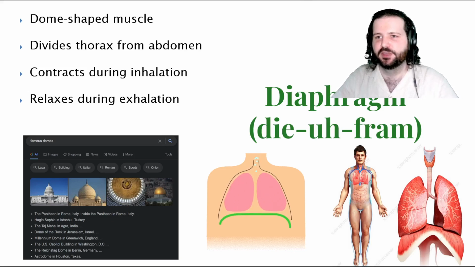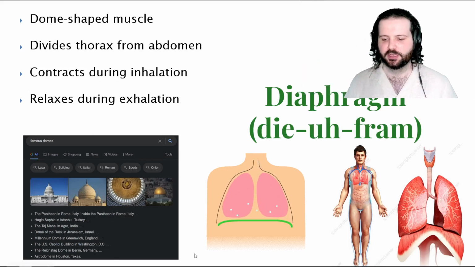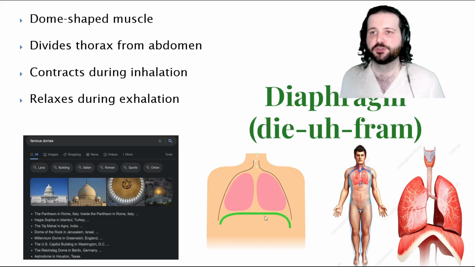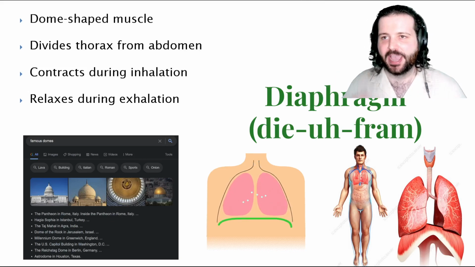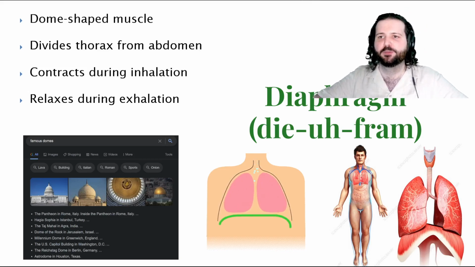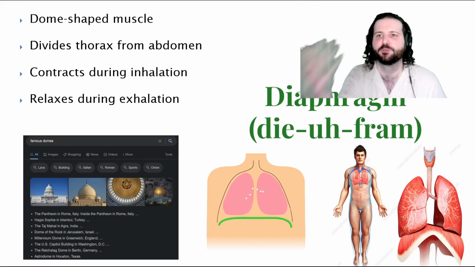So when you take a deep breath in, your diaphragm moves down, like in this GIF right here. It moves down to allow room for our lungs to expand, to allow air in, and then when we exhale, it moves back up and helps push those lungs into a smaller location, helping us breathe out.